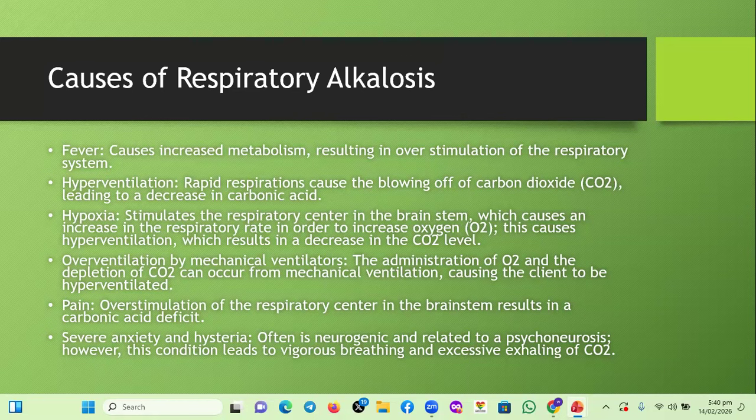When it is stimulated, it in turn causes increased respiratory rate. And when respiratory rate increases, hyperventilation will enter. So it's just like hyperventilation, but the cause of the hyperventilation is hypoxia. The hypoxia will stimulate the hyperventilation to occur so that the body can take more oxygen from the environment in order to increase the oxygen level in the blood.